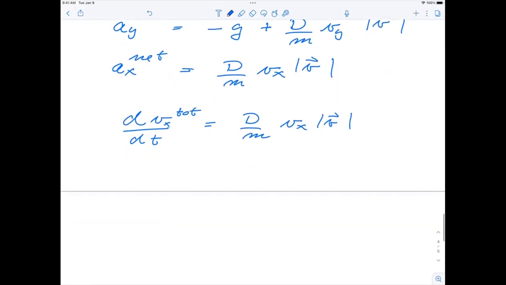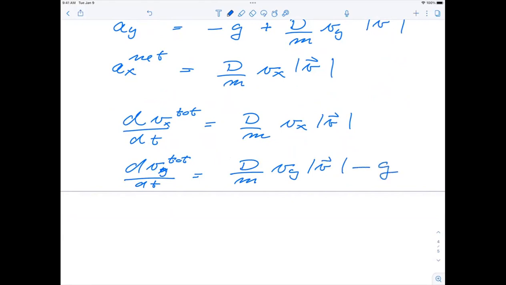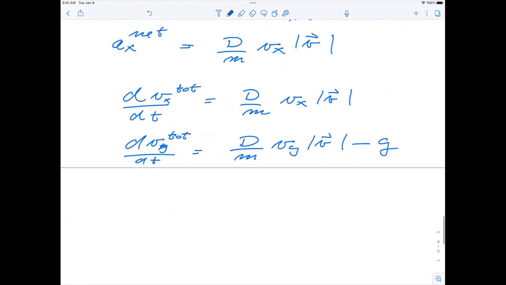And at the same time, I'm going to have the same differential equation, the total one, for the velocity in the y direction, which is going to be given by d over m times v of y multiplied with v, and then minus g here. And now I want to integrate up here. But there's something you should pay a little bit of attention to now. So let's write out these equations in more detail, and you will see quickly why these cannot be solved analytically.